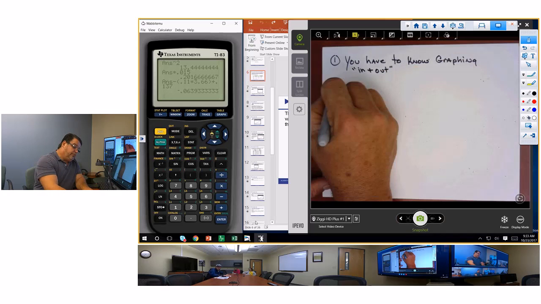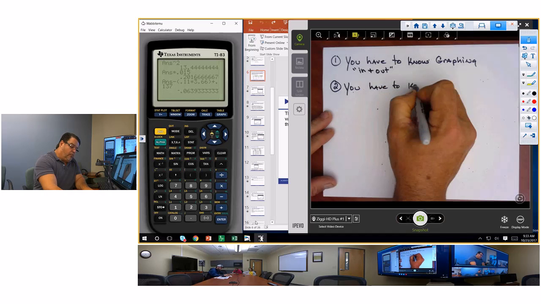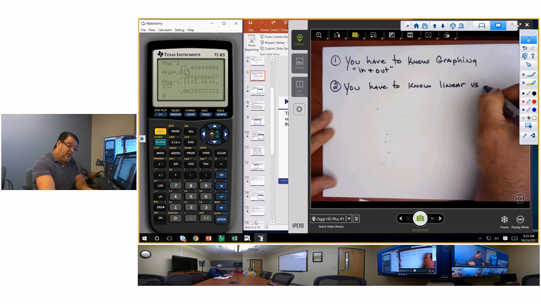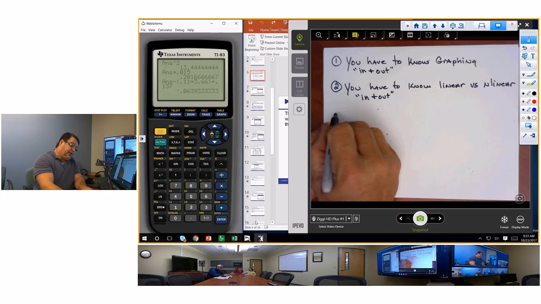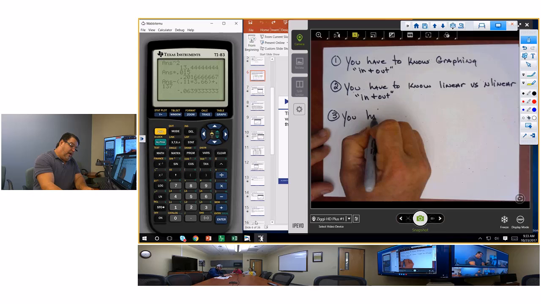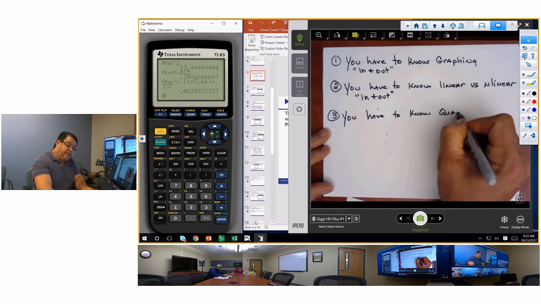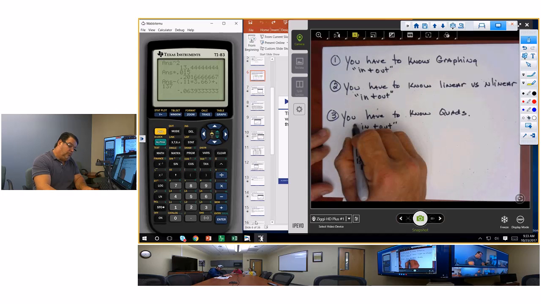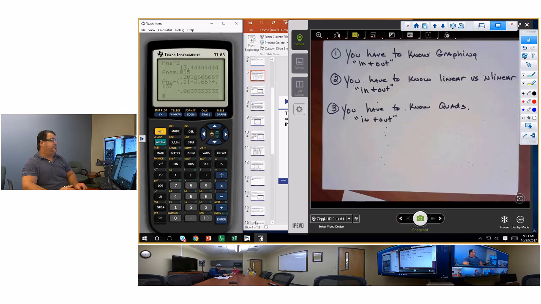Two, you have to know linear versus nonlinear in and out. And three, you have to know quadratics in and out. If you choose not to learn those three things, then you might as well change majors from business.